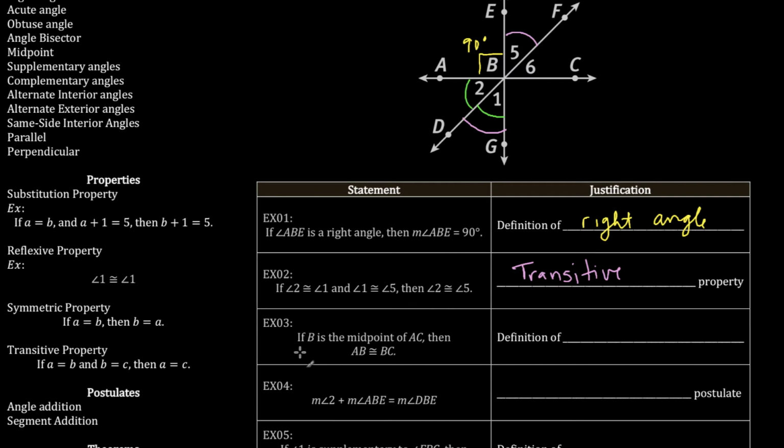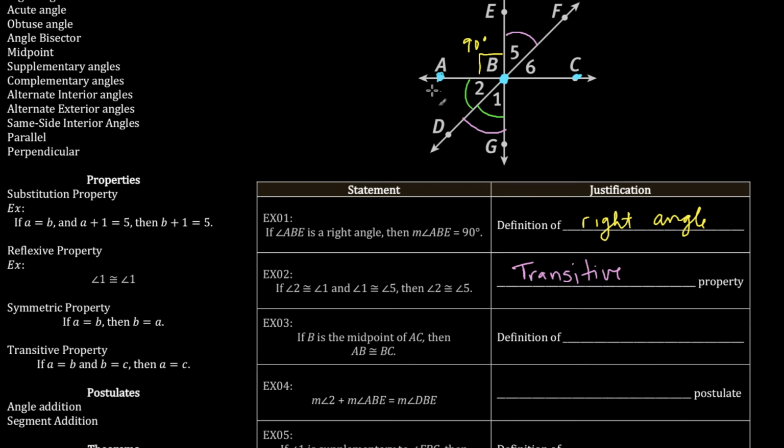Example number 3. If B is the midpoint of AC, then AB is congruent to BC.